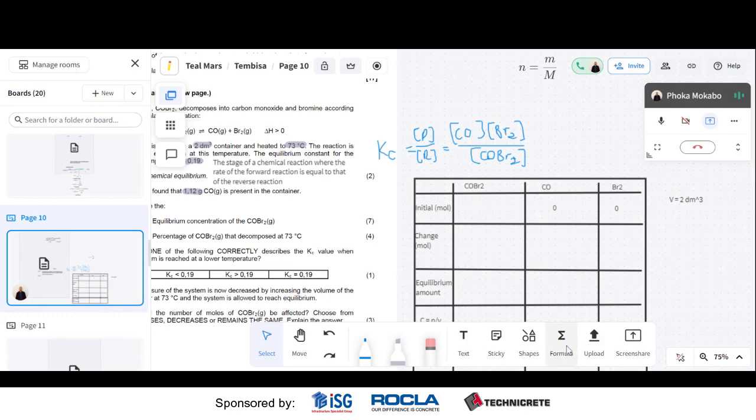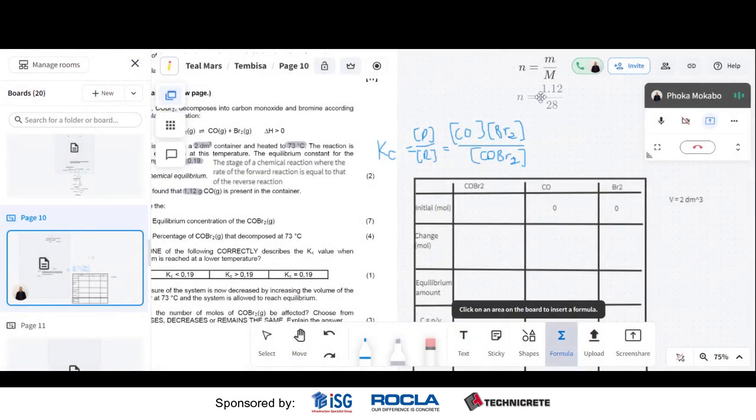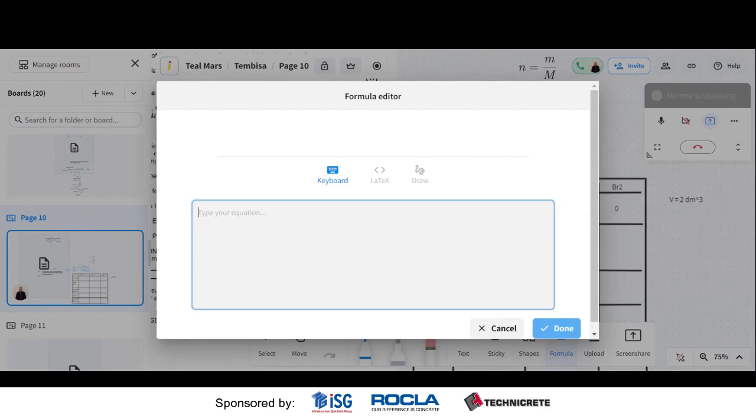Which is therefore equal to N equals 1,12 over, and for carbon monoxide you have 28. So plug that over there, and if you put that into a calculator, you end up with 0,04 moles.